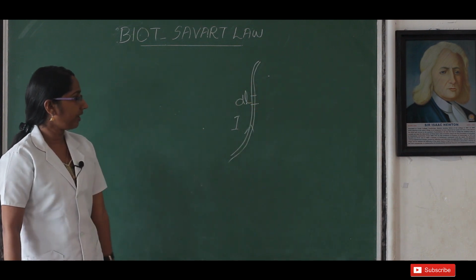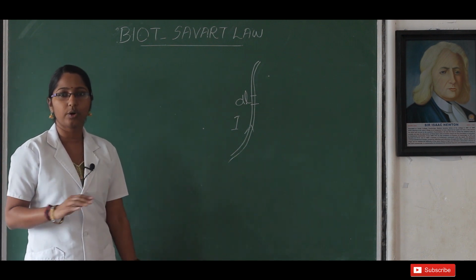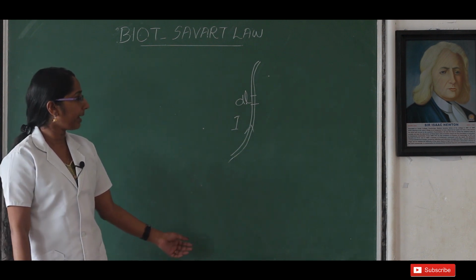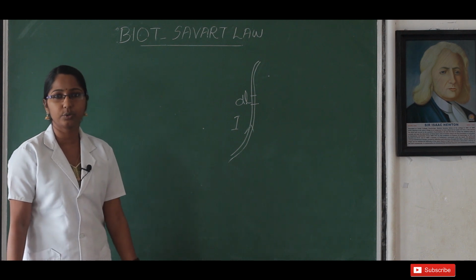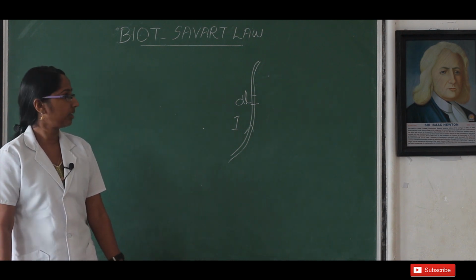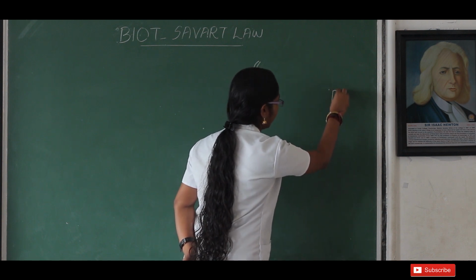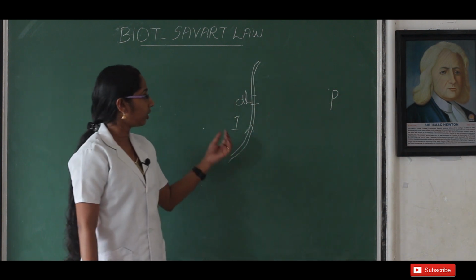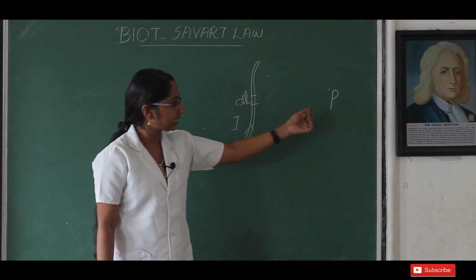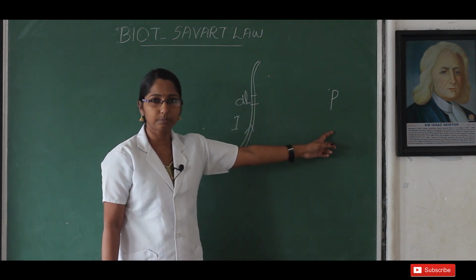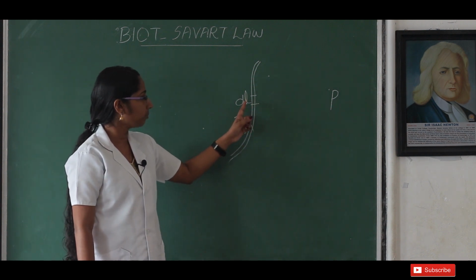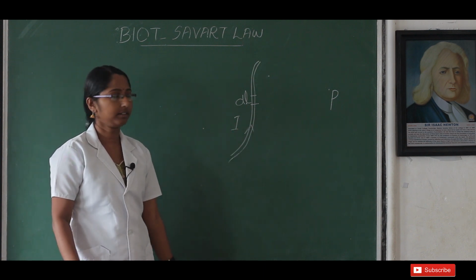And we know when the current is flowing through a conductor, a magnetic field is produced near to it. So, here we are considering a point P. And we have to find out what is the magnetic field at this point due to this small element dl.